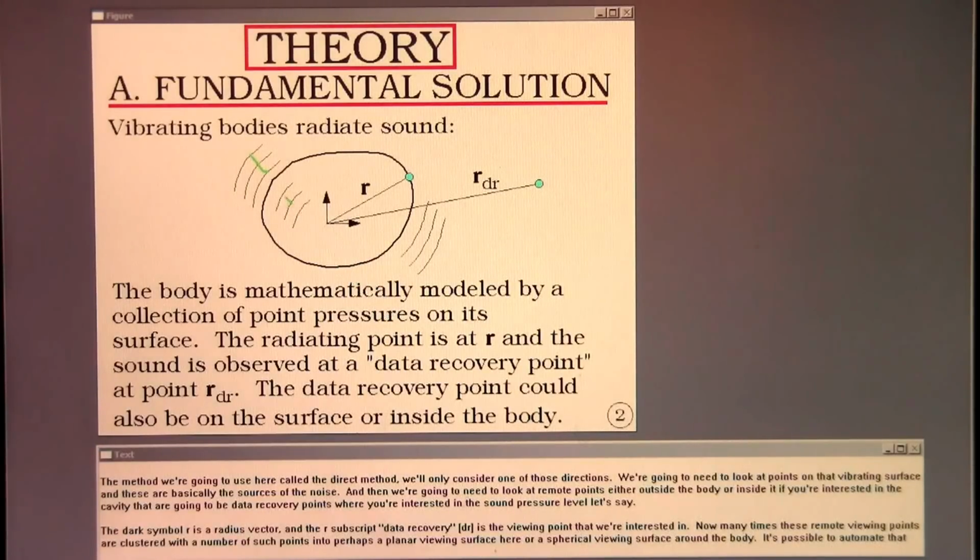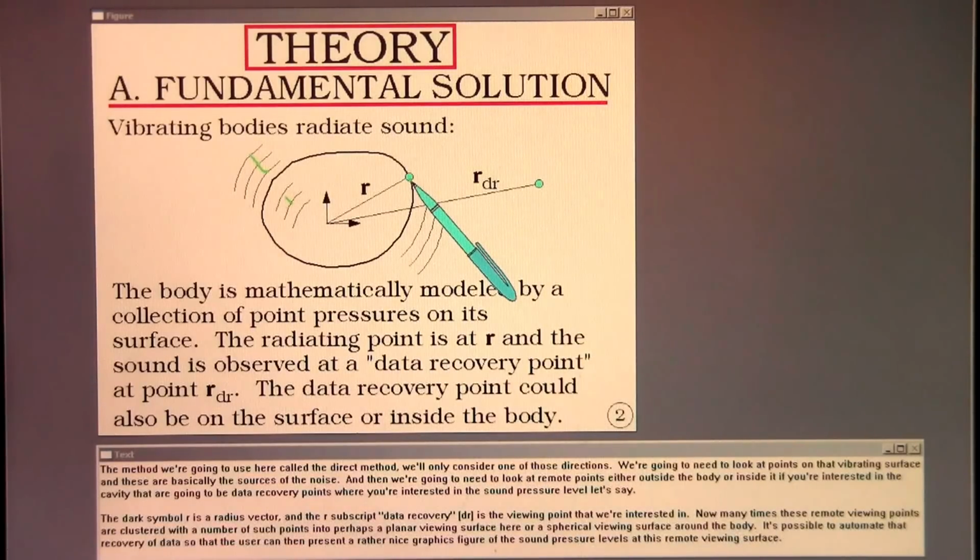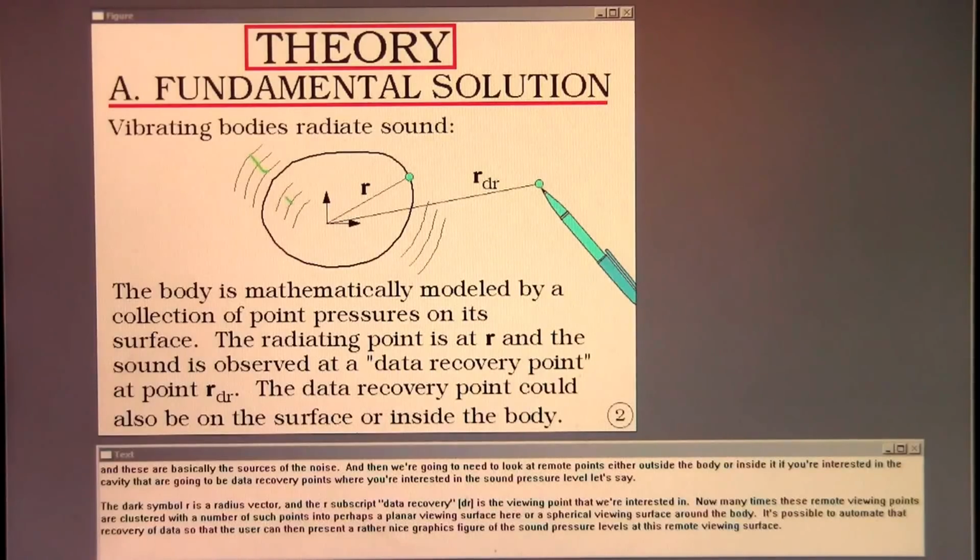We're going to need to look at points on that vibrating surface, and these are basically the sources of the noise. And then we're going to need to look at remote points either outside the body or inside it, if you're interested in the cavity, that are going to be data recovery points where you're interested in the sound pressure level, let's say. The dark symbol R is a radius vector, and the R subscript data recovery is the viewing point that we're interested in.